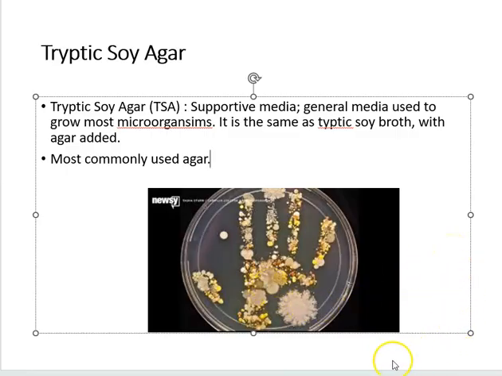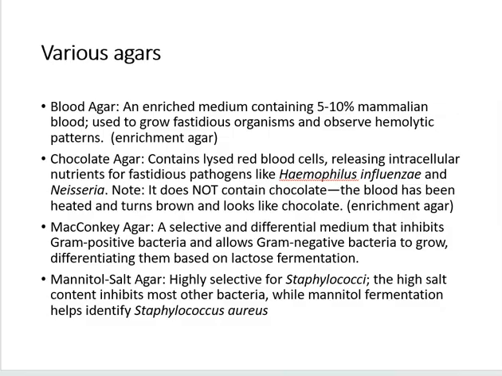It is a very clear agar, basically transparent, very easy to pick up. It will grow fungi, it will grow yeast, it will grow gram-negatives, it will grow gram-positives. About the only thing it won't grow is some very, very fastidious organisms. So this is our most commonly used agar that we use in the micro lab.